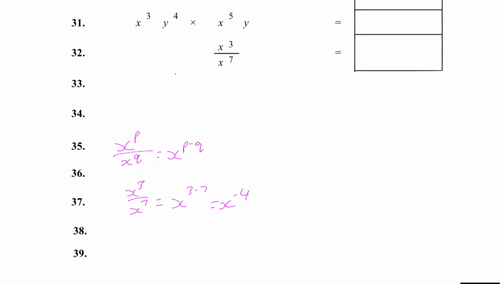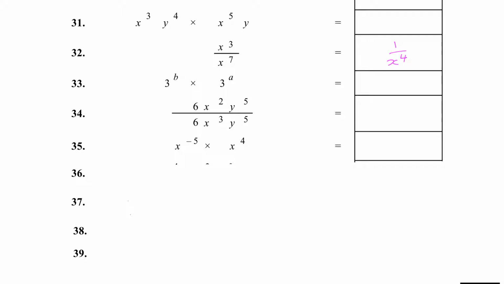However, we need to give this in positive exponent form. So we need to use another of our exponent rules, which says that x to the minus p is just the same as 1 over x to the p. So in this case, x to the minus 4 is just the same as 1 over x to the 4, which is our final answer.